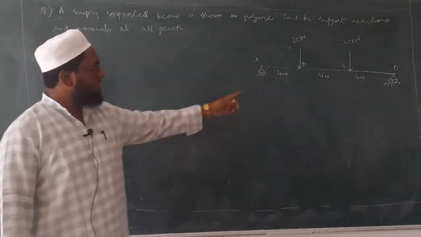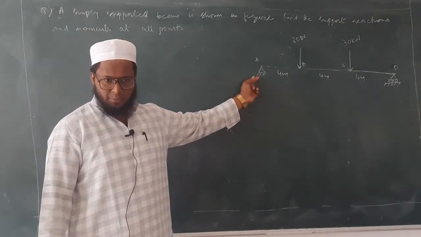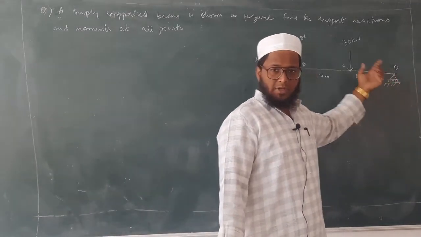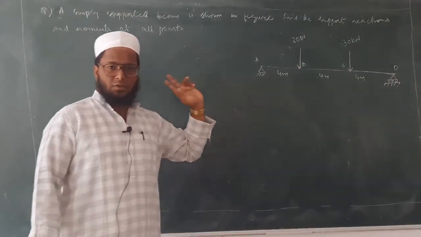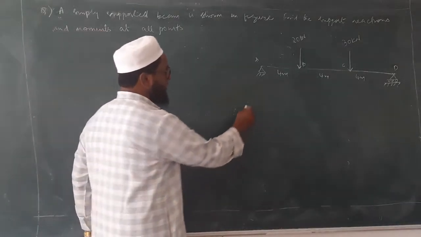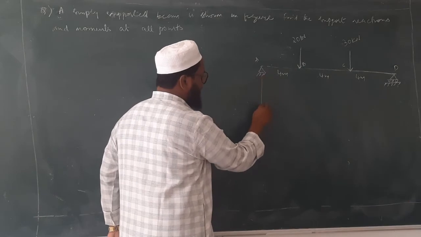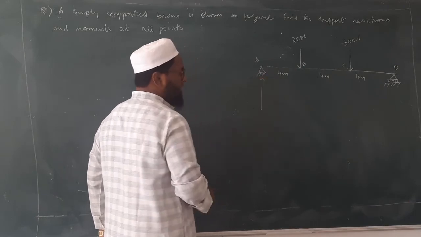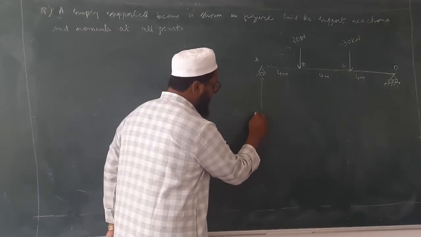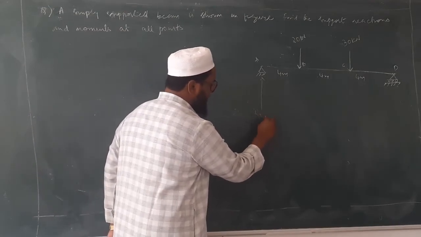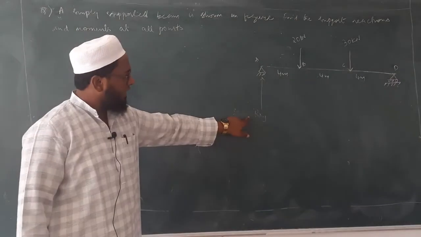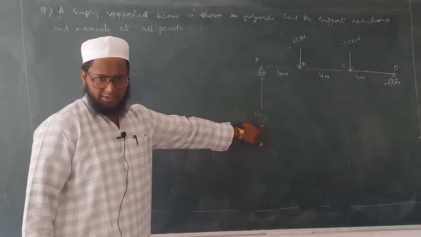This is the symbol of a hinge support, isn't it? What about this one? This is a roller support. A hinge support has how many reactions? Two reactions. A roller support has one reaction. So see here, this is one reaction, and I'll name this reaction RAY, reaction at A in Y direction.